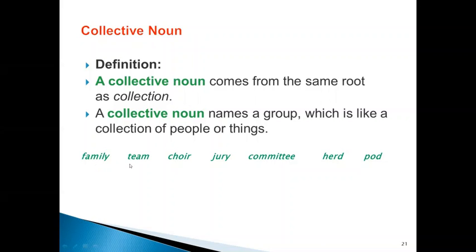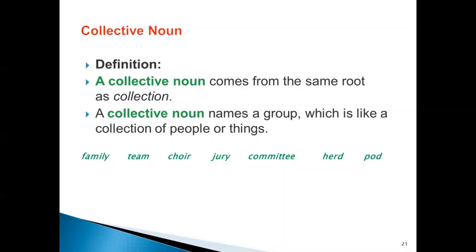Team, you know, we have 11 members in a football team. And also we can think of other words here. All of them represent what? Collective nouns. So again, a collective noun names a group as a collection of people or things.